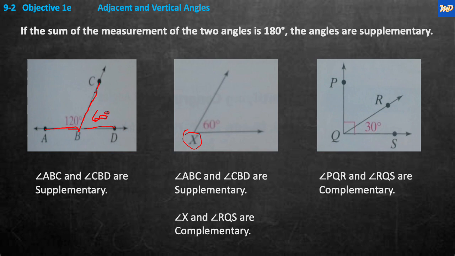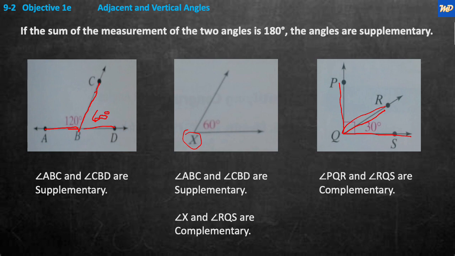So let's go over and look at the other picture here. It says angle PQR right here and RQS are complementary. Well, here's RQS right here, and they're saying that RQS is 30 degrees.